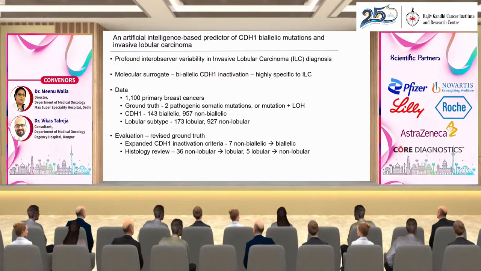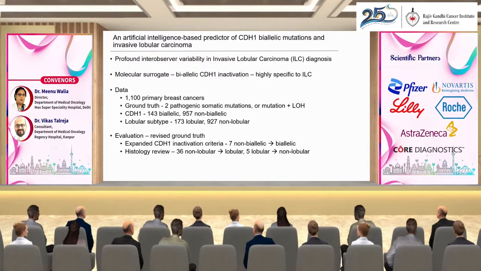So what they did was curate 1,100 primary breast cancers which had been subjected to genomic analysis at Memorial Sloan Kettering, and they gave a ground truth that they should have somatic mutations or mutations plus LOH. These were used for training.